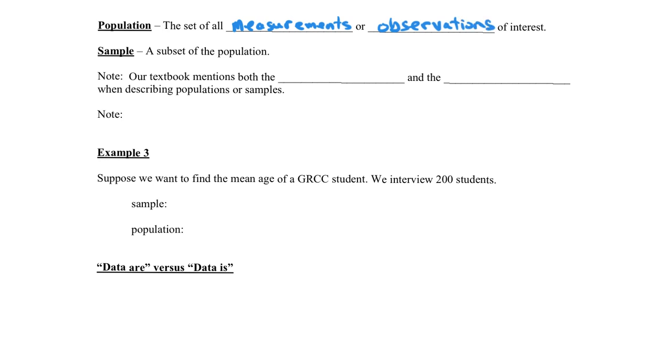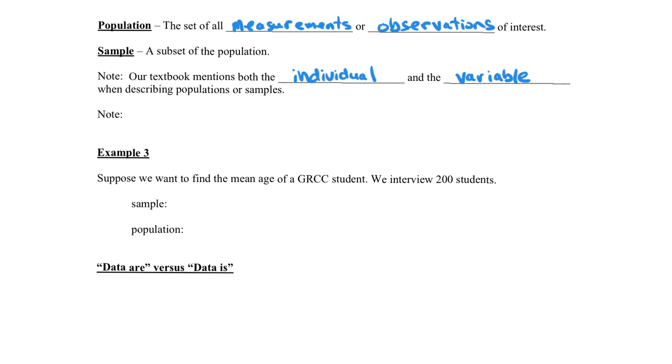And a sample is just a subset of the population. And we have to mention something here. Our textbook mentions both the individual and the variable when describing populations or samples.